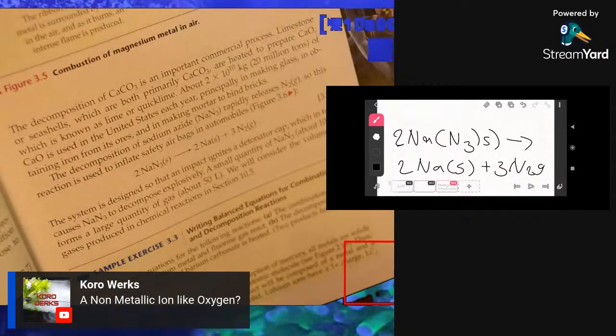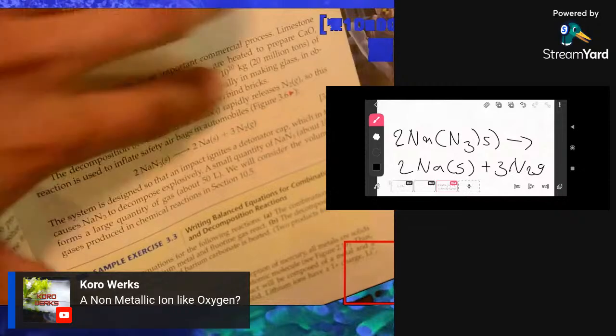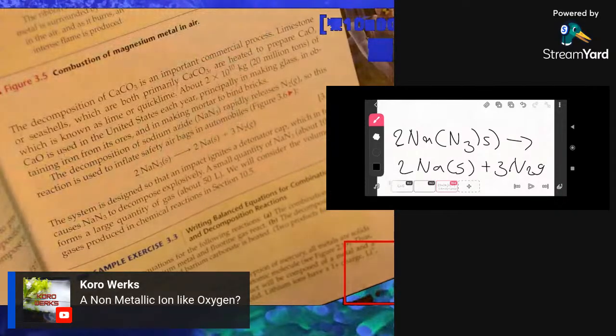So NaN3 solid goes through a reaction and forms sodium solid, so metal sodium, plus nitrogen gas. Okay, so that's the reaction right there. My bad. It's hard to read sideways.